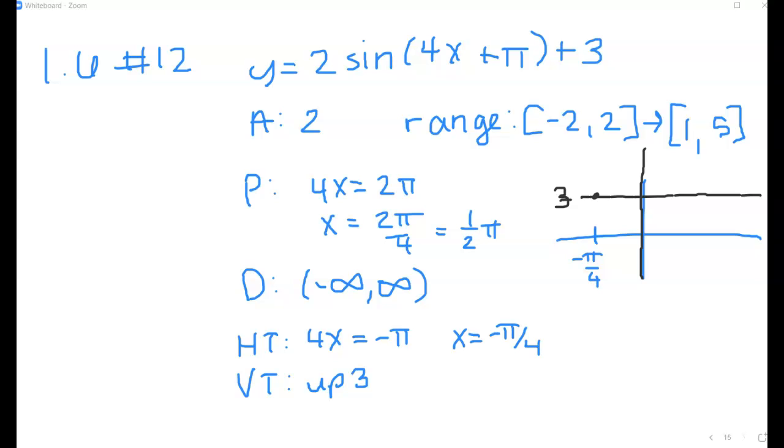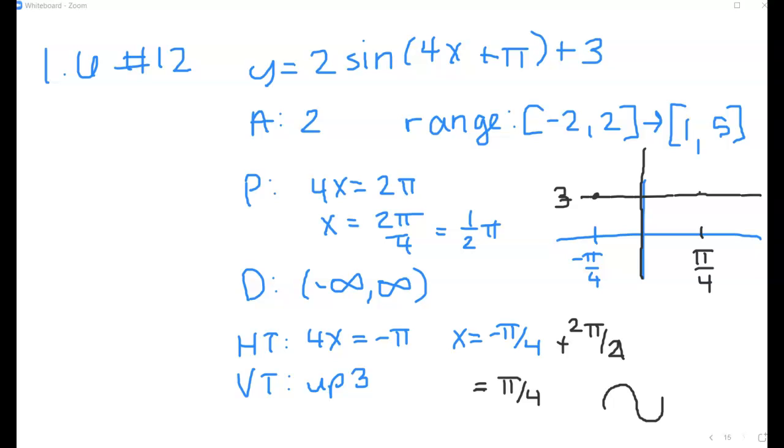The entire cycle goes from -pi fourths to adding pi halves. So that means that this ends at pi fourths. If you think about sine, it goes up and then back down.